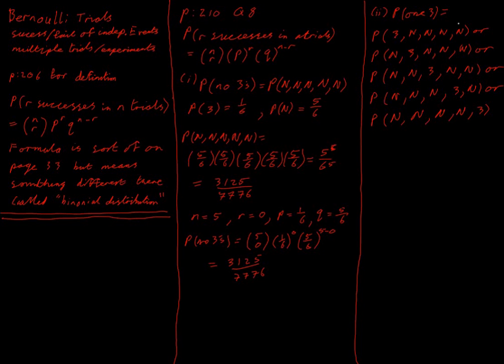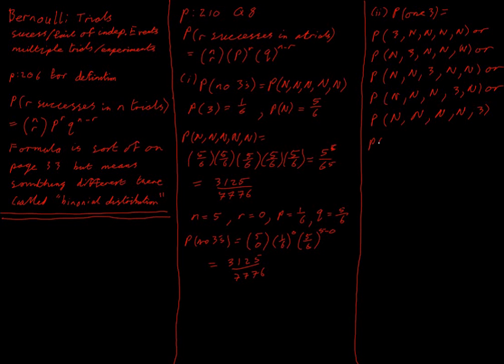Well, I can see here that I'm going to have probability of 1/6 multiplied by probability of 5/6 multiplied by itself 4 times. So each of these is going to be 1/6 multiplied by 5/6 to the power of 4, and I have 1, 2, 3, 4, 5 of them.